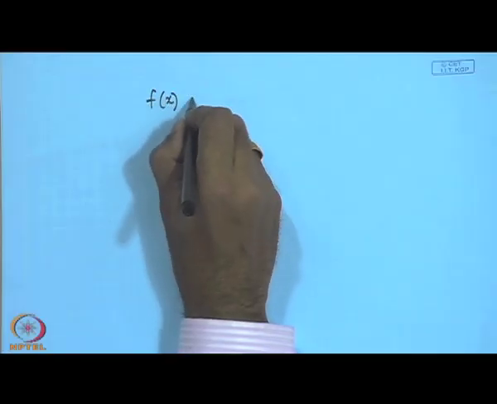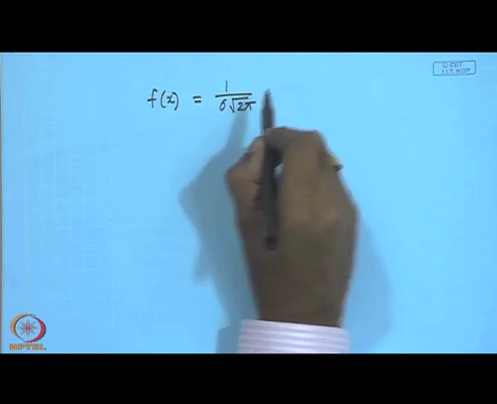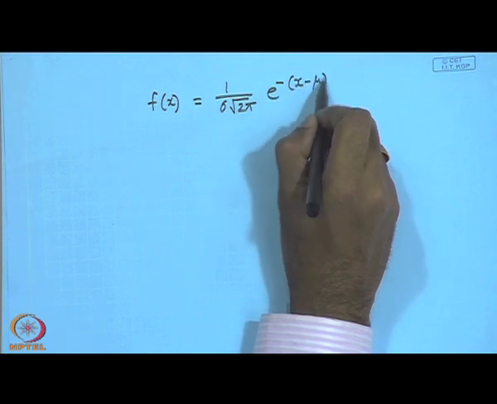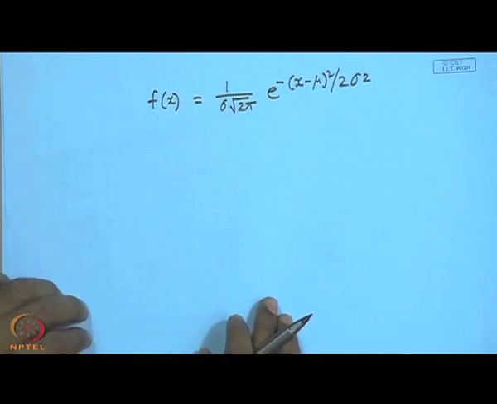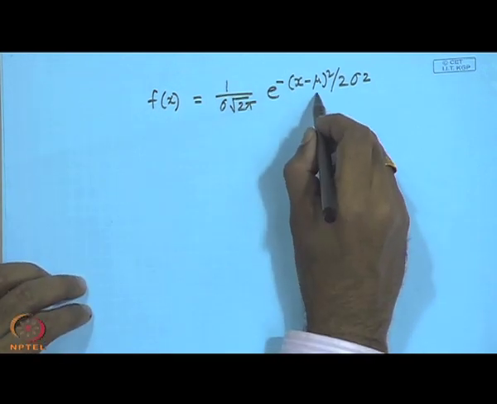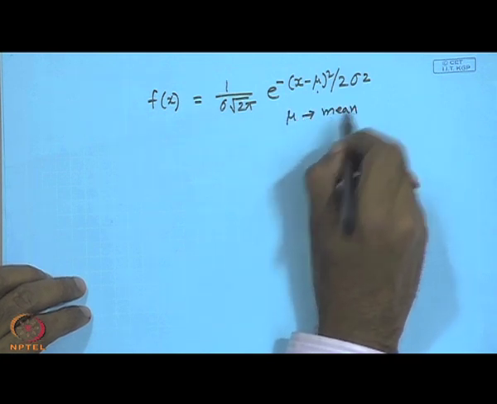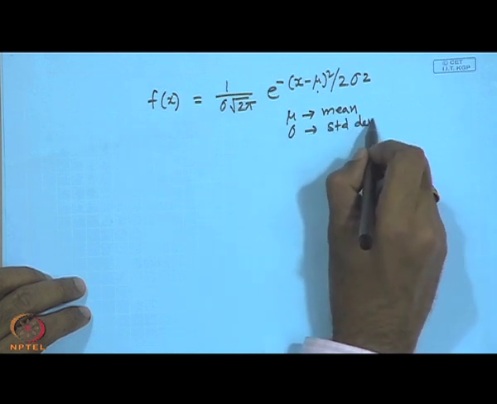We wrote the probability density function as the normal distribution function, where mu is the mean of the measurements, and sigma is the standard deviation.